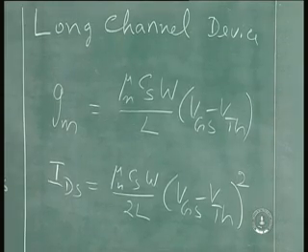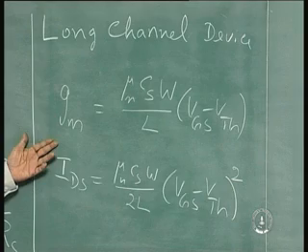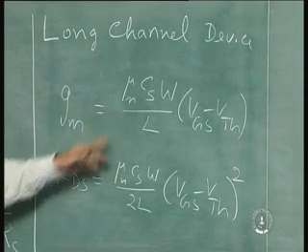So now you can see, if the channel length is long, and you have a material whose mobility is 5 times higher than that of silicon, you will definitely get the Gm 5 times.